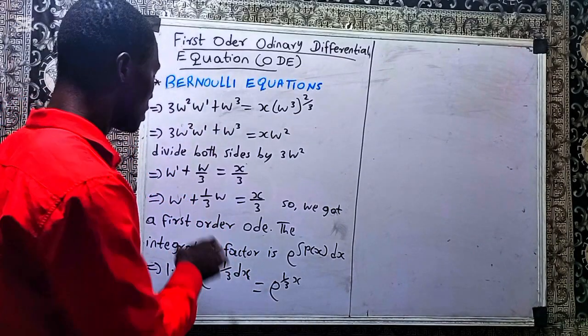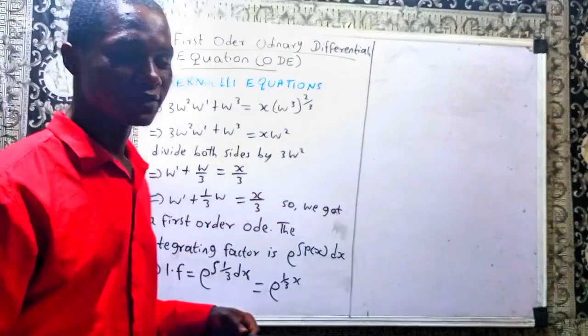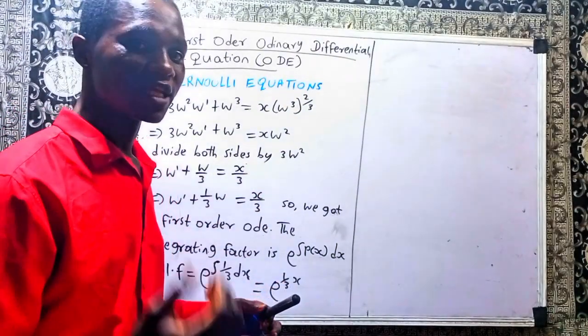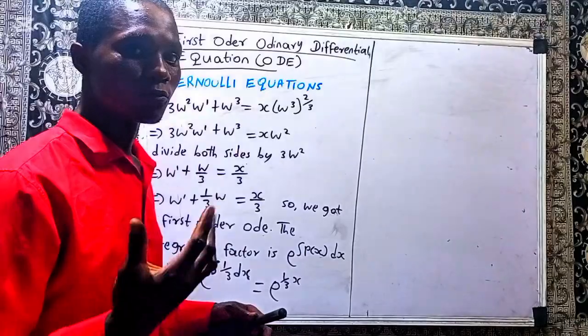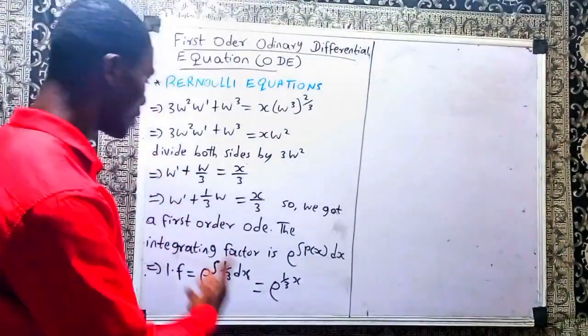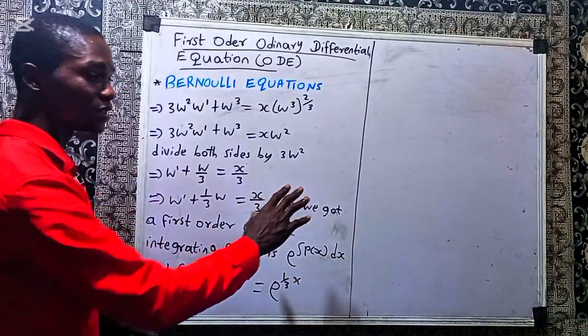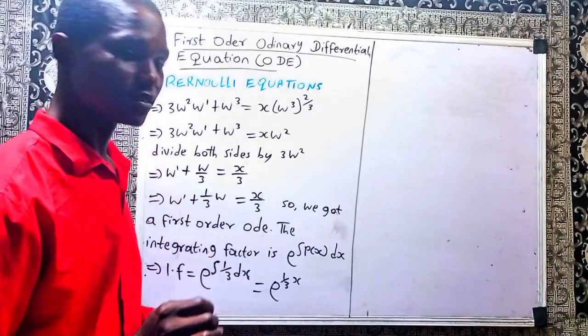So what do we do? Multiply the ODE by the integrating factor. That's the next step. When you are solving a first order linear ODE and you have got your integrating factor, you use it to multiply the ODE. That's the reason for getting the integrating factor.